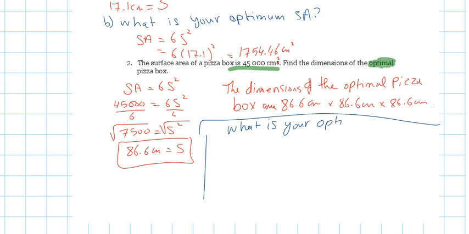Right? Then you just have to do V equals S cubed, and that is 649,461. That's huge.